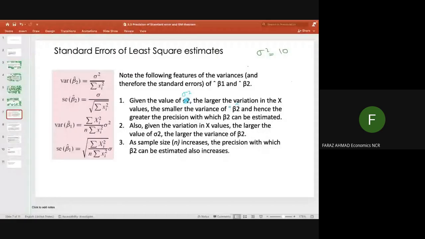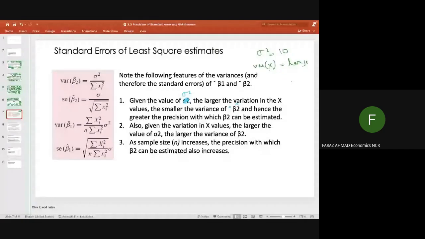The larger the variation in x values, so if variation in x is large. What is variation in x? Variance of x. And what is variance of x? It is small x squared added, divided by something. So that's the numerator, and we can take it as a measure of variance of x.